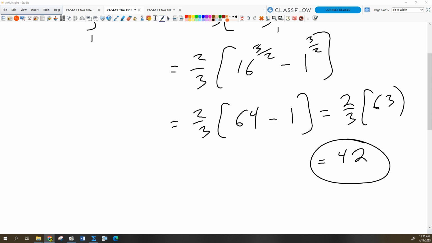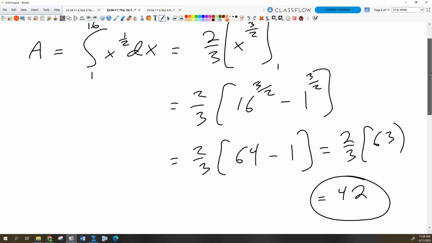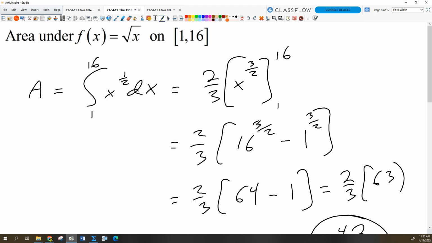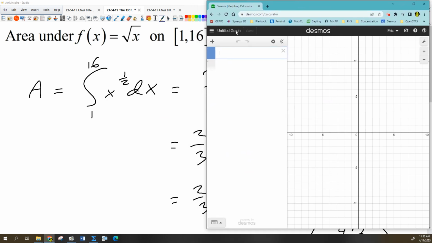Oops, wrong tab, darn it. Okay, so in Desmos, let's see, what was our integral? I got to scoot up a little bit. Okay, there we go. So in Desmos, we would just do this. I just typed int. Otherwise, you can get it from the keyboard down here, but it's just faster to type int. That's just a shortcut.